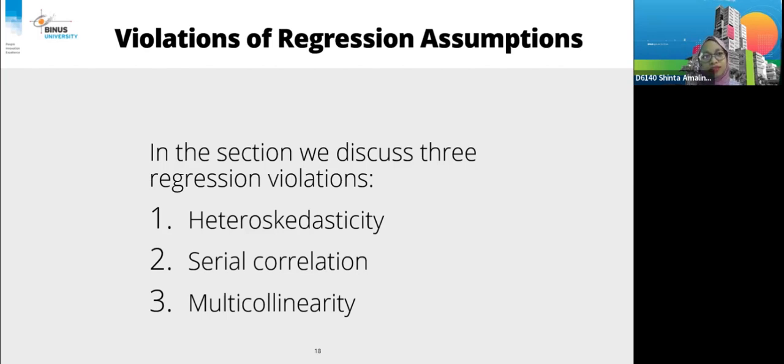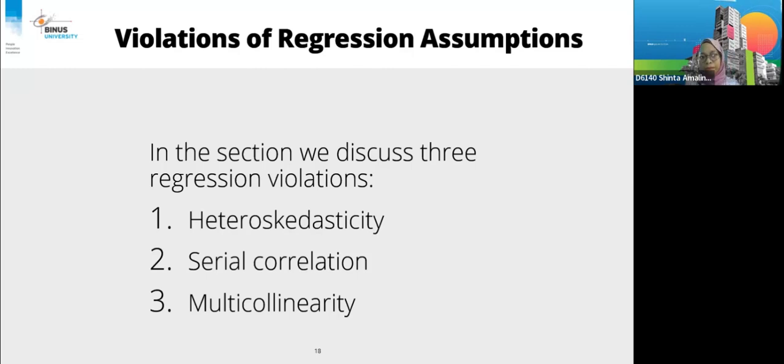But note that if you have big data, where your observations are larger than 100, which is considered big data, you may ignore these classic assumption tests. But it is also okay to consider them if you want to fulfill all of them.